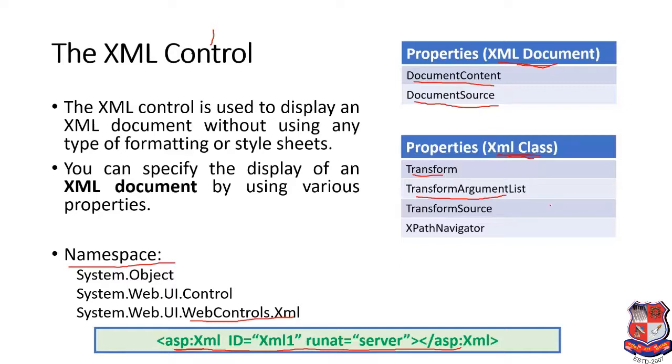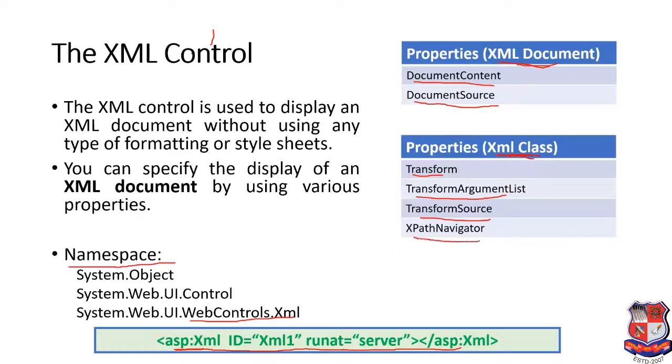Next is TransformArgumentList. It specifies the XsltArgumentList class that contains a list of optional arguments passed to the style sheet and used during the XSLT. Next is TransformSource. It is used to specify the path to an XSLT style sheet that formats the XML document before it is written to the output stream.